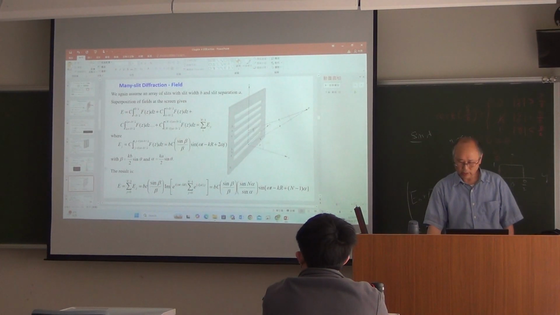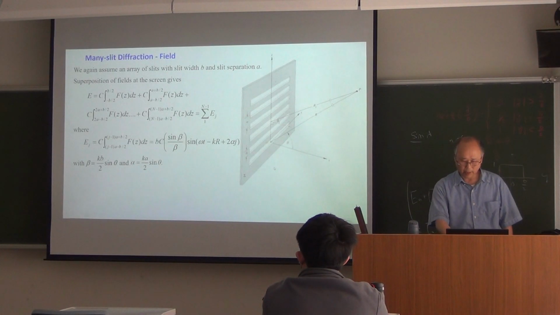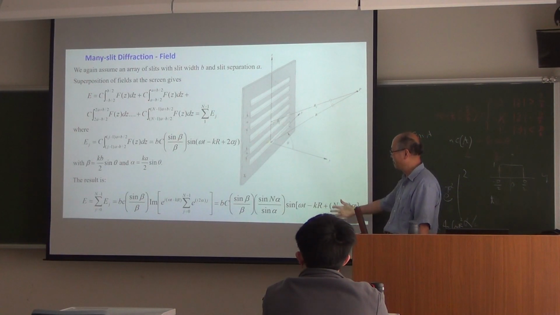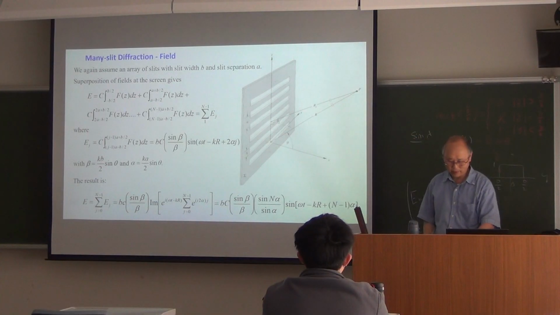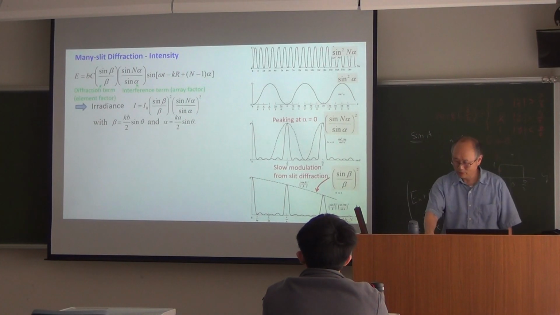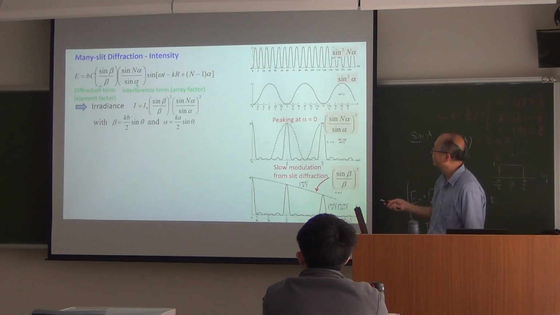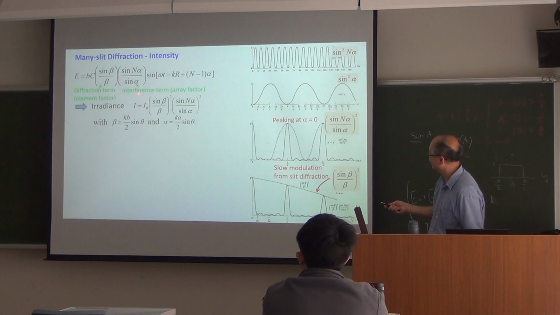So it's always good that you learn something and then make a connection to what you learned before, because everything will be the same. So now you start to come back to this. Well, this term is easy. This term is just a sinc function.